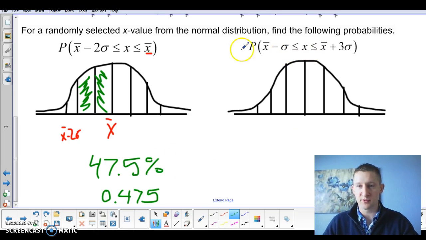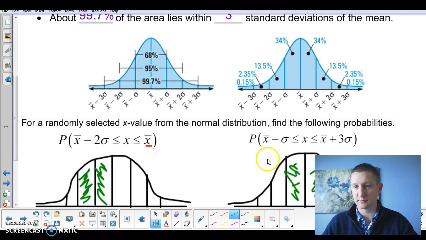One more example. The probability that x is in between 1 standard deviation less and 3 standard deviations greater. Well, here's the mean again. Here's 1 to the left. Let's shade this in quick. And then we're looking at that region, and this region, and this region at 2, and this region, all the way out to x plus 3. This is 1, 2, 3 standard deviations away.